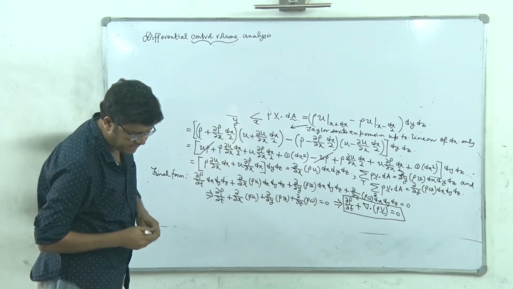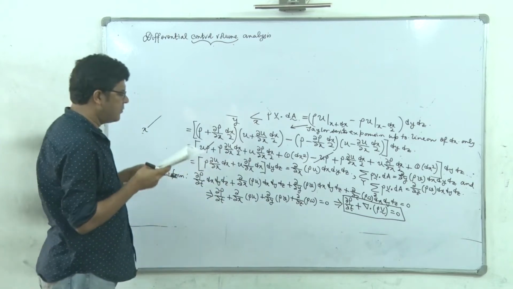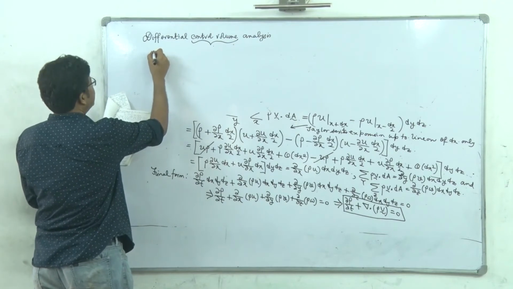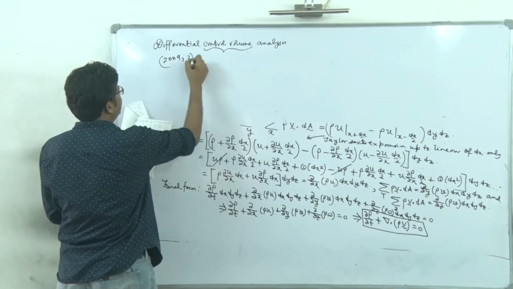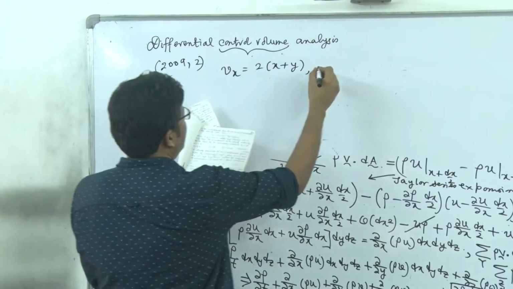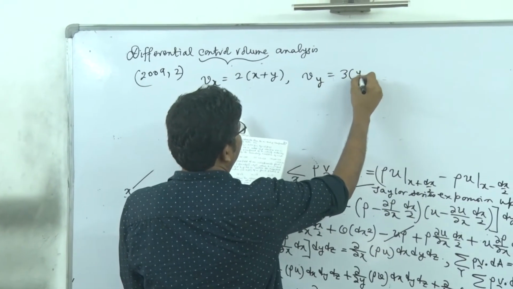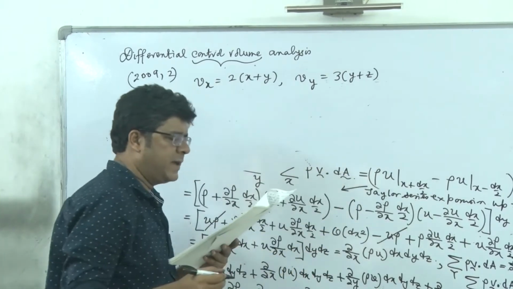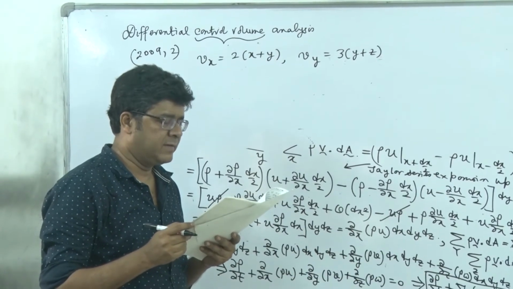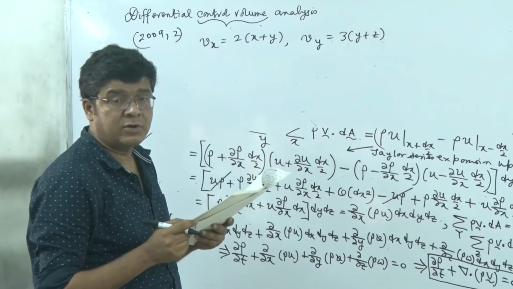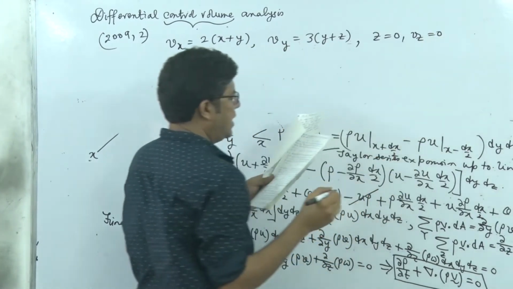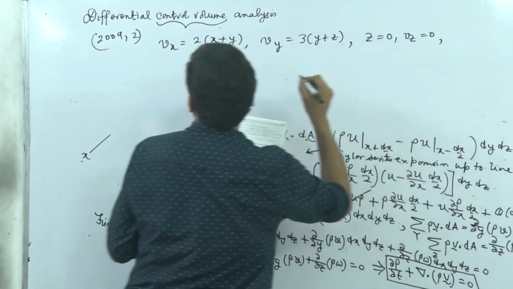It is given that for an incompressible flow, the x and y components of the velocity vector are as follows. This is a 2009 2-marks problem. The x component of velocity is 2x plus y, the y component of velocity is 3y plus z, where x, y, z are in meters and velocity is in meters per second. Then find the z component of the velocity vector for the boundary condition Vz equal to 0 at z equal to 0. The flow is incompressible, so del rho del t is equal to 0.